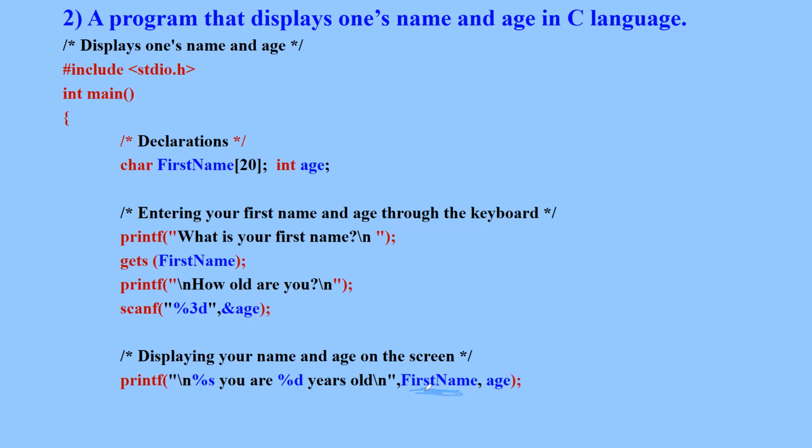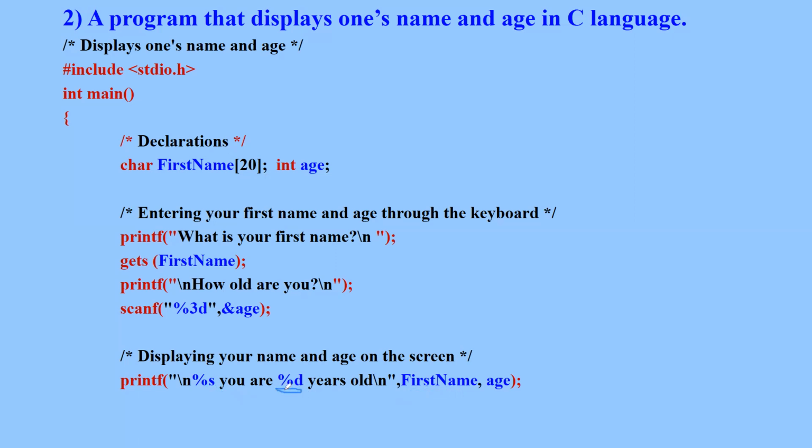The point of the statement is to pick whatever is in first name and display it on the screen. So if you enter Julius as first name, what we are going to see on the screen is: Julius, you are.